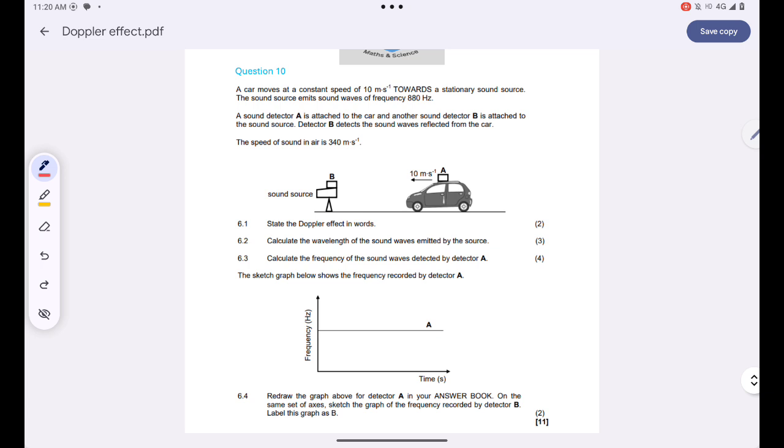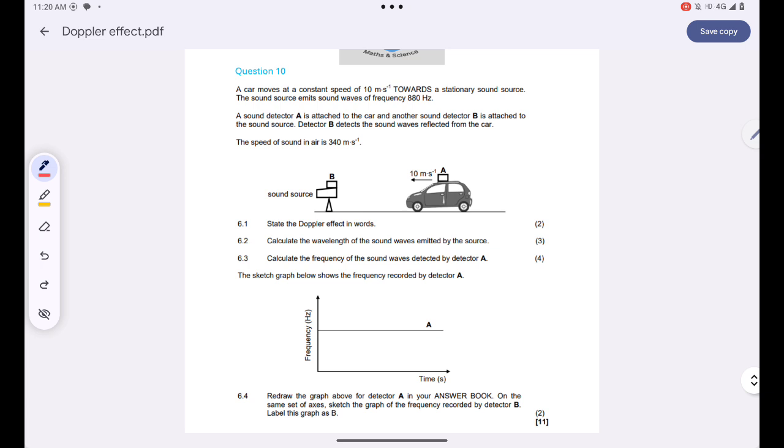A sound detector A is attached to the car, and another sound detector B is attached to the sound source. Detector B detects sound waves reflected from the car. The speed of sound in air is 340 meters per second.